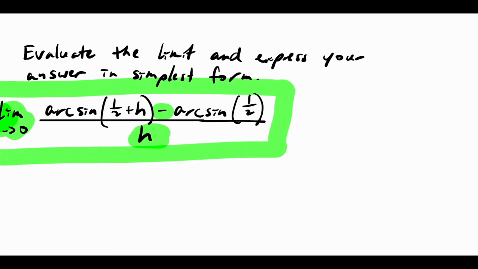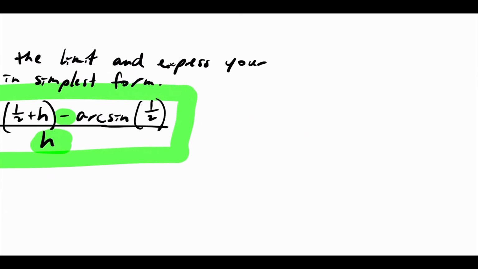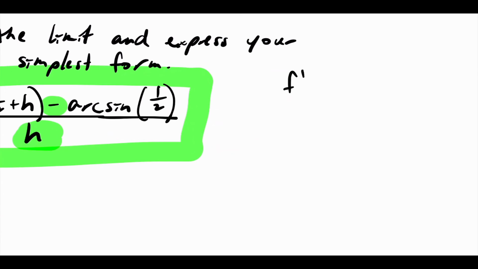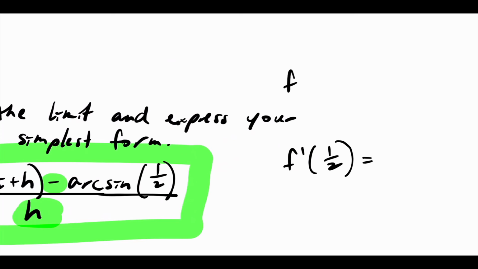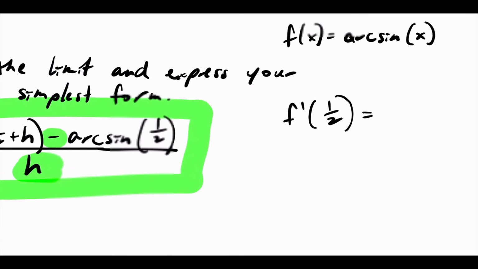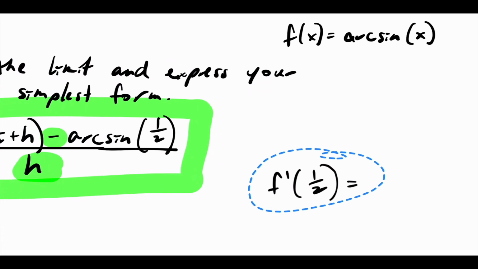What is that 1/2 doing? Well, what they're trying to do is get you to find the derivative and then plug in 1/2. What do you get? That's what they're trying to say. So if arc sine is the original function, what is the first thing we need to do?